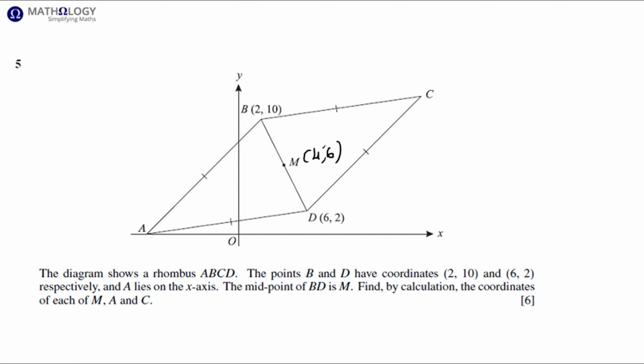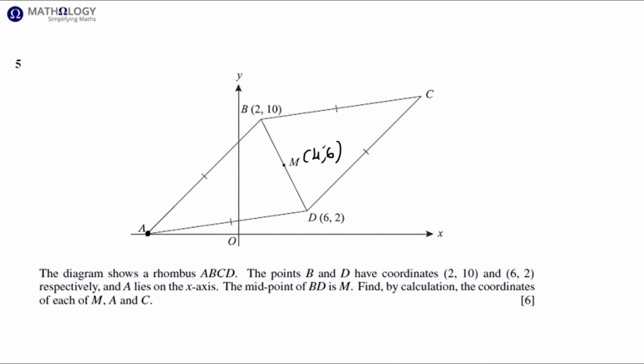To determine the coordinates of the point A, which lies on the x-axis, A is a point common to line segments AB and AD. We could in theory use the distance formula, but that could be quite messy and time consuming.